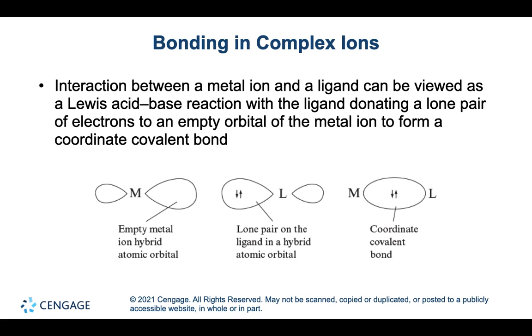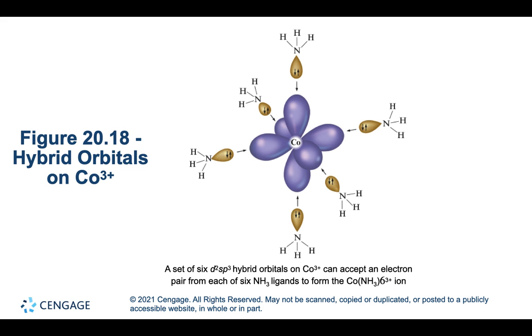And what you would be explaining that with would be, you would be saying that the metal has these hybrid atomic orbitals that it's using to overlap with the lone pair orbital on the ligand to make the coordinate covalent bond.